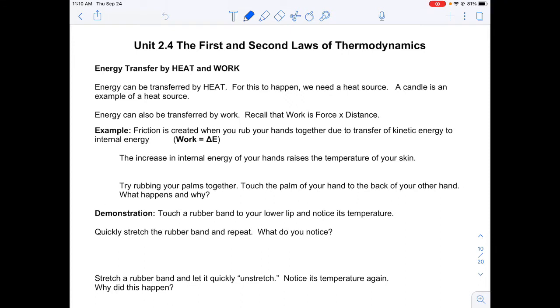If I rub my hands together and warm them up, what's happening is that the work that I'm doing from friction is actually turning into kinetic energy of the molecules that make up my skin.